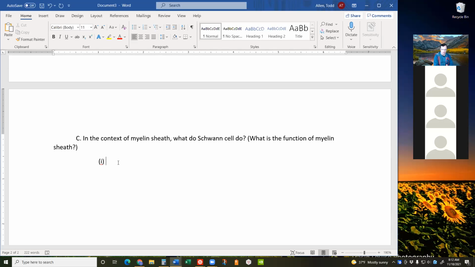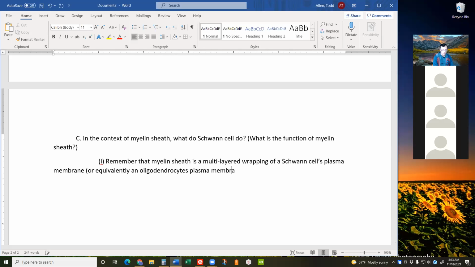Remember that myelin sheath is a multi-layered wrapping of a Schwann cell's plasma membrane, or equivalently an oligodendrocyte's plasma membrane in the central nervous system, around an axon.